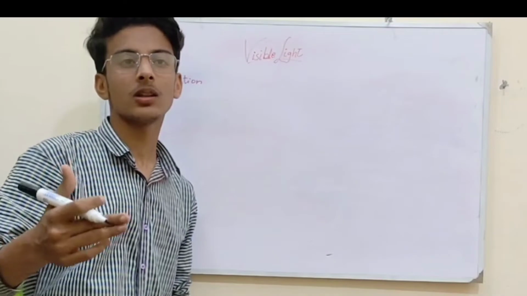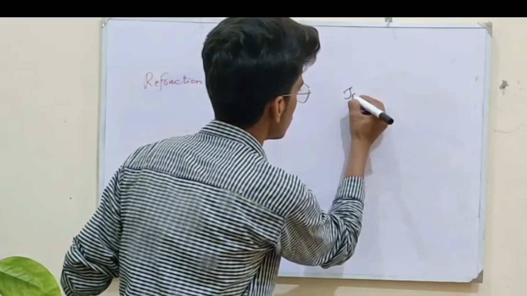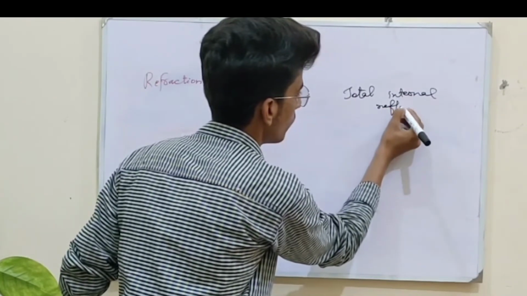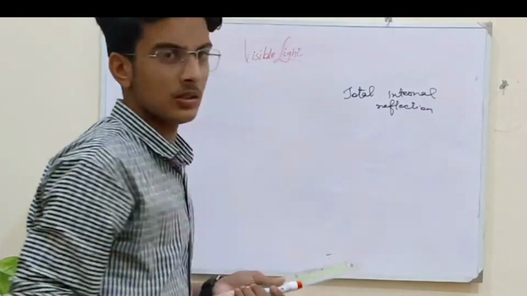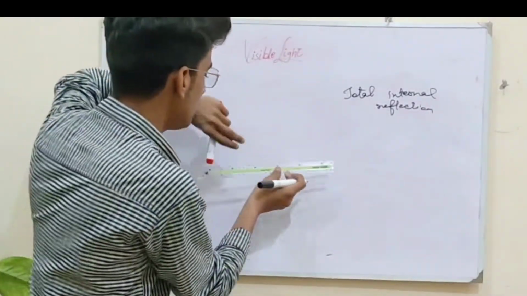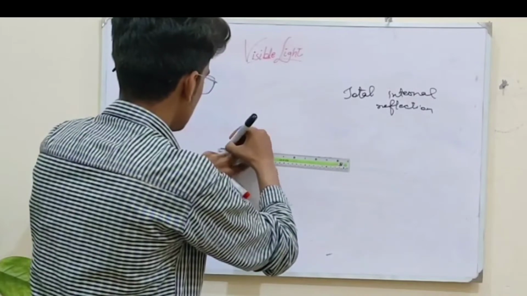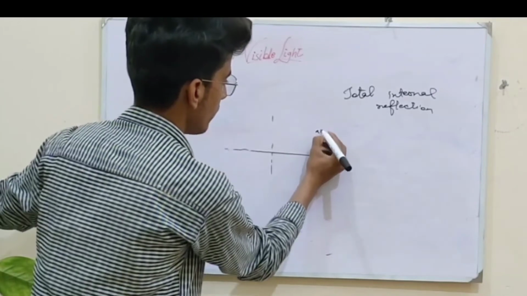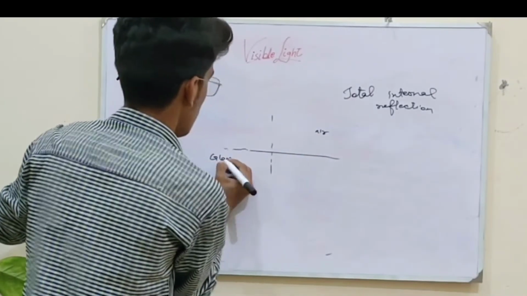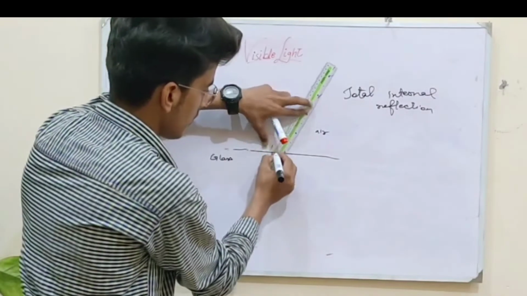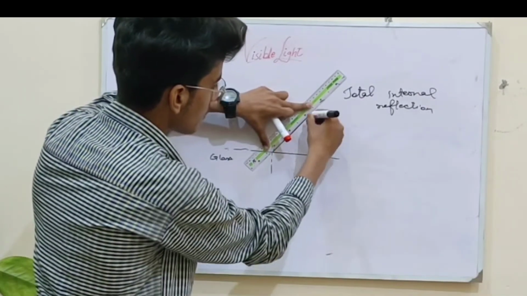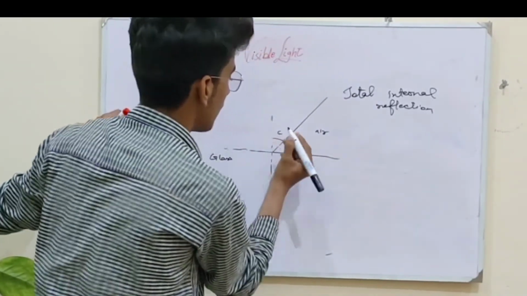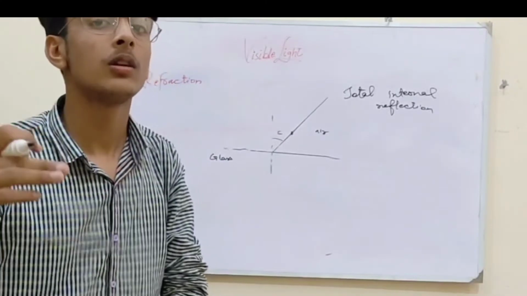Now we will talk about total internal reflection. What happens in total internal reflection? When the medium changes, for example, this is the surface line, this is the normal, and it's air and glass. When the incident ray strikes the surface, it has an angle greater than or equal to the critical angle.